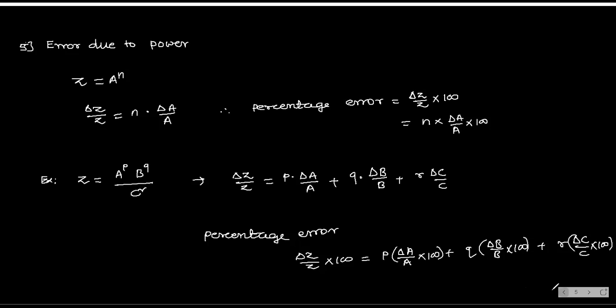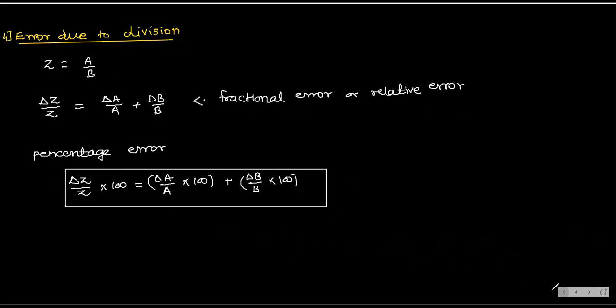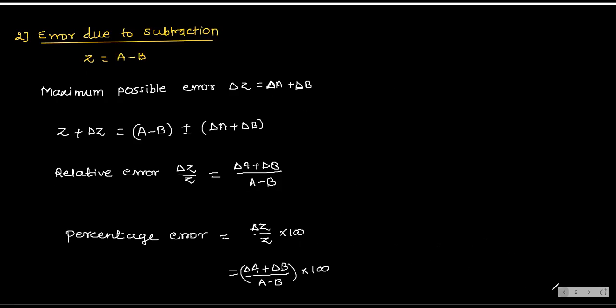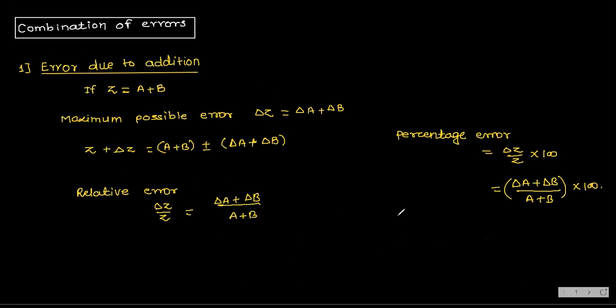Right? So you can see here now what we have finished. Error in case of addition, subtraction, and all these things we have finished. Okay, so I'm writing here this part, percentage error, that is delta z by z into 100 is equal to this one.